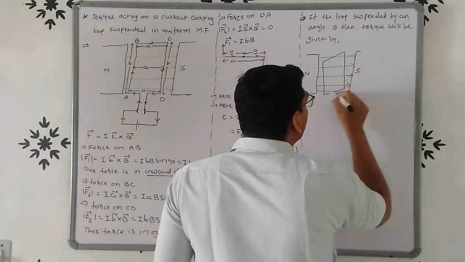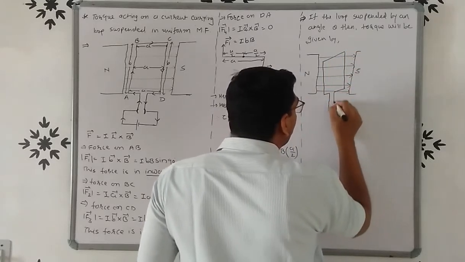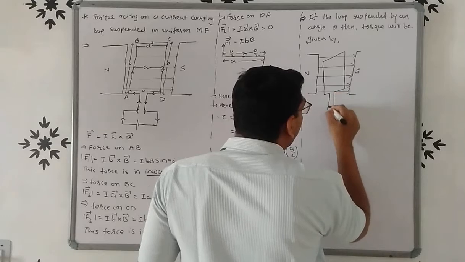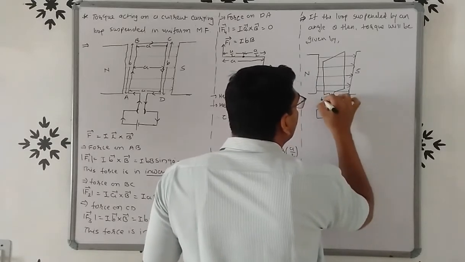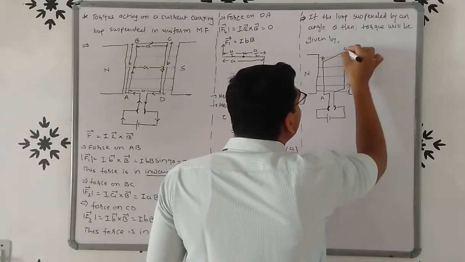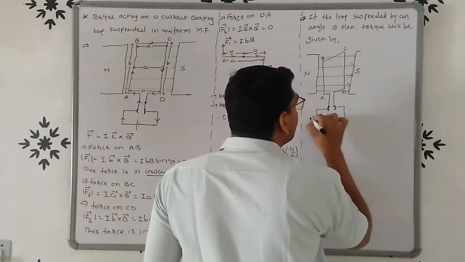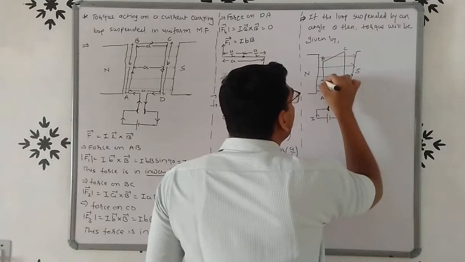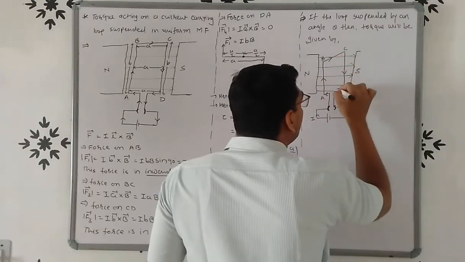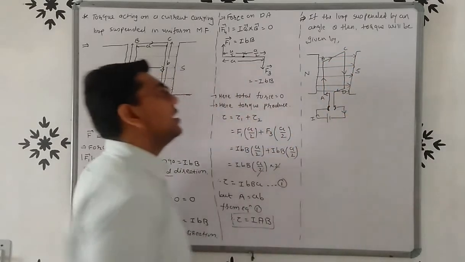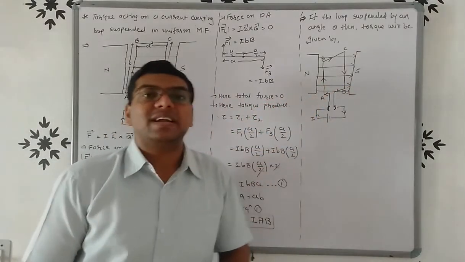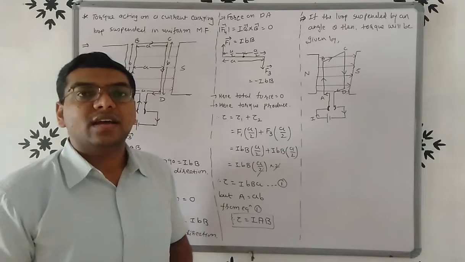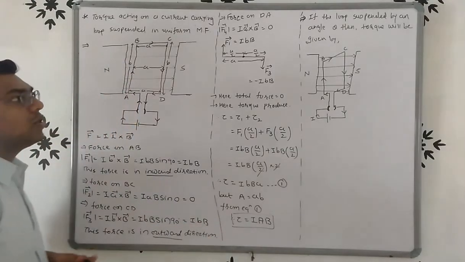This is the battery, and this is A, B, C, D. The current will be like this from A to B, B to C, C to D.